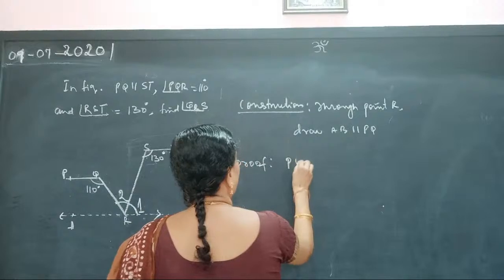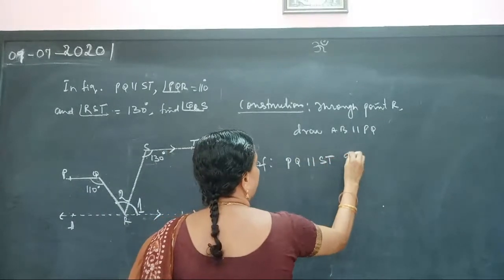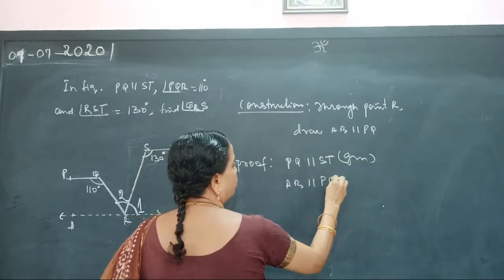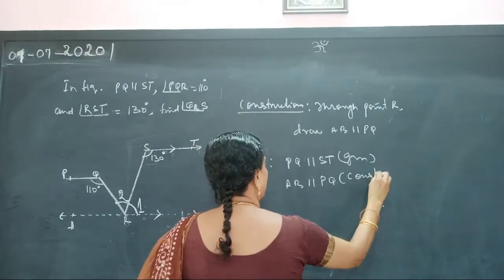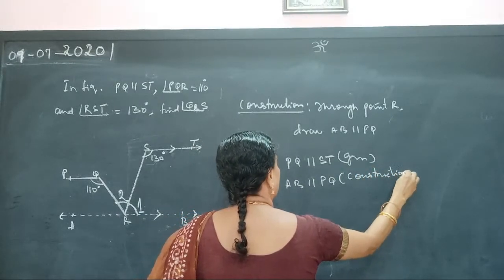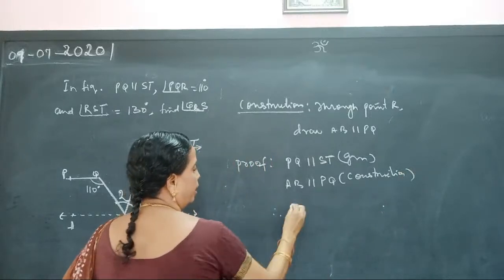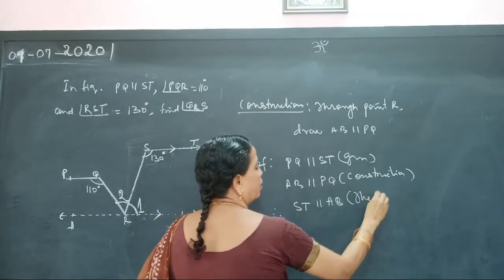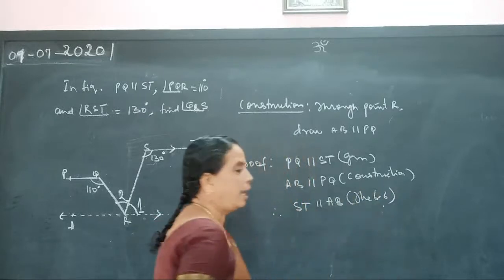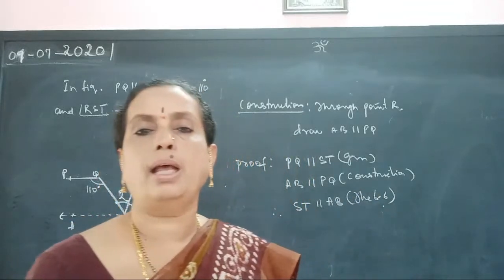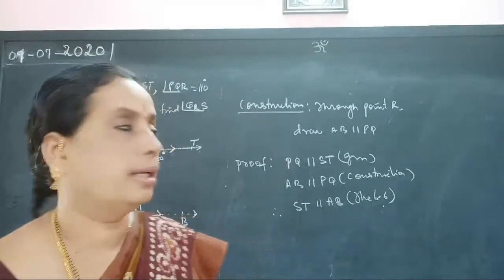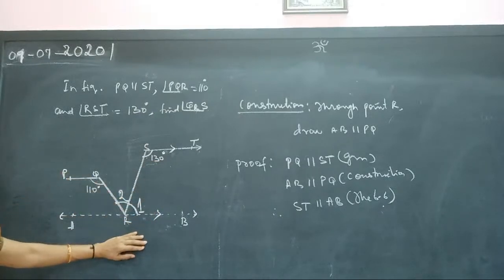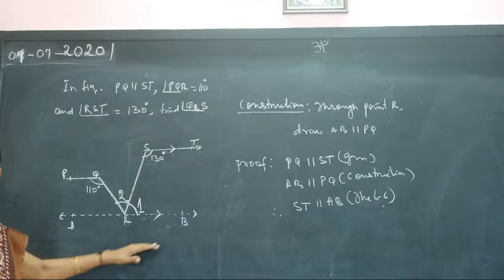Now PQ parallel to ST is given and AB is parallel to PQ, by construction. Therefore ST is parallel to AB, theorem 6.6: lines which are parallel to the same line are parallel to each other. PQ parallel to ST, PQ parallel to AB, so they are parallel to each other.